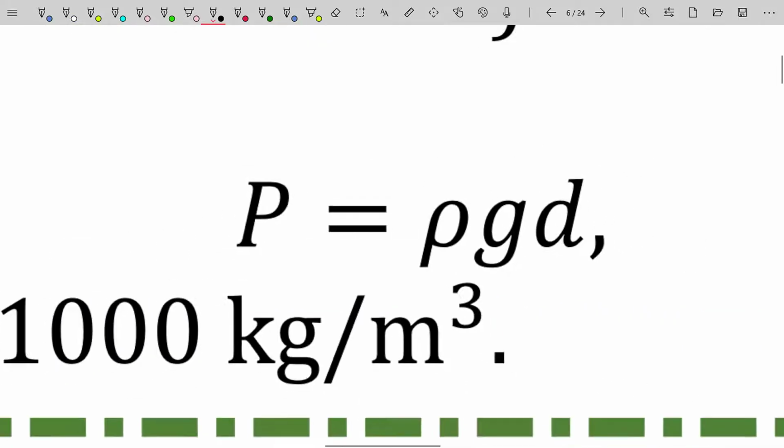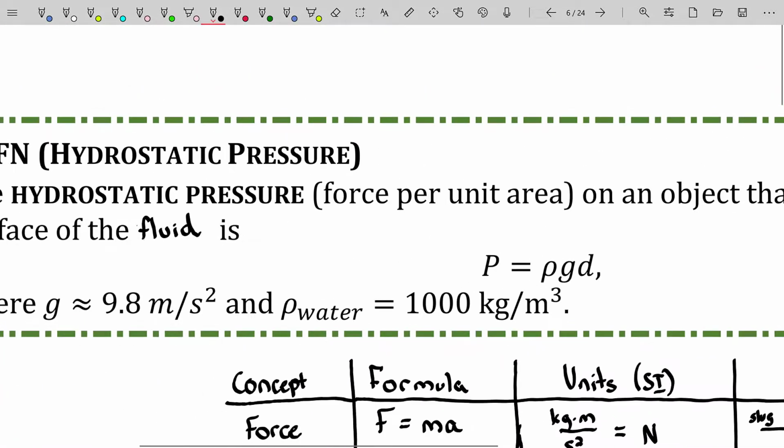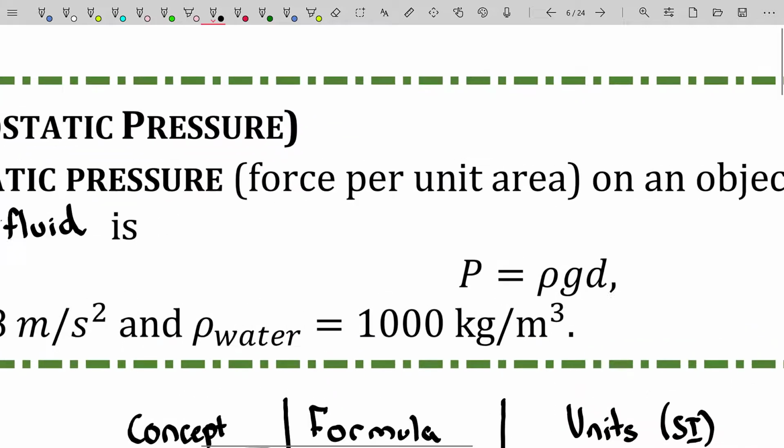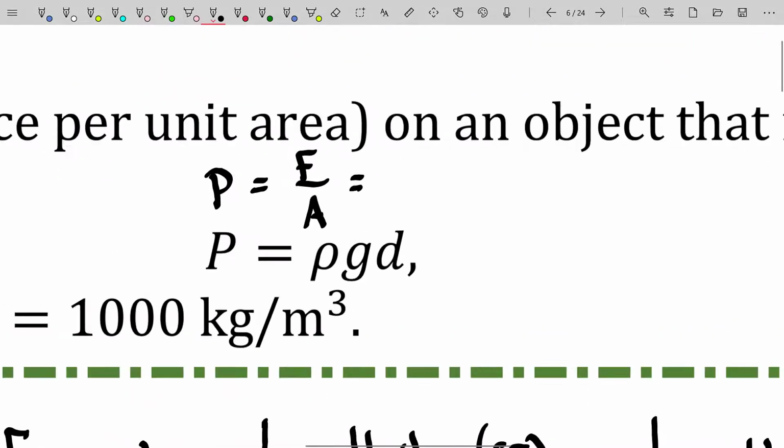Now, before I just rattle off the formula, I do want to mention, by definition, hydrostatic pressure is force per unit area. Let me write that down. Pressure is force per unit area. Well, let's go ahead and do this from the metric system side of things.